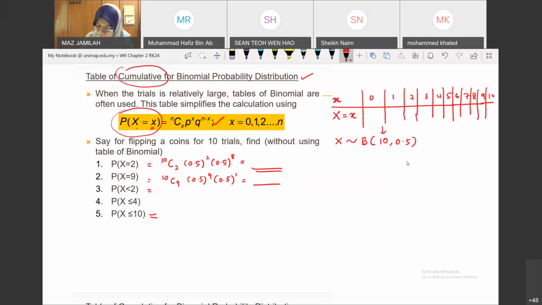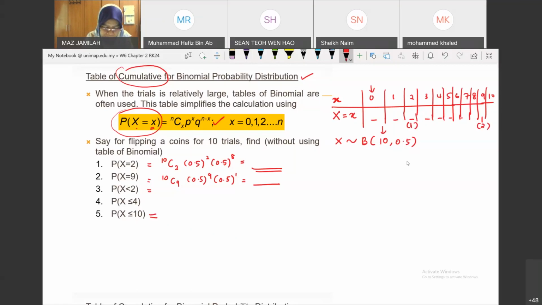Each and every small x will have its own probability value. For example, just now x equal to 2, this is number 1. X is equal to 9, this is number 2.